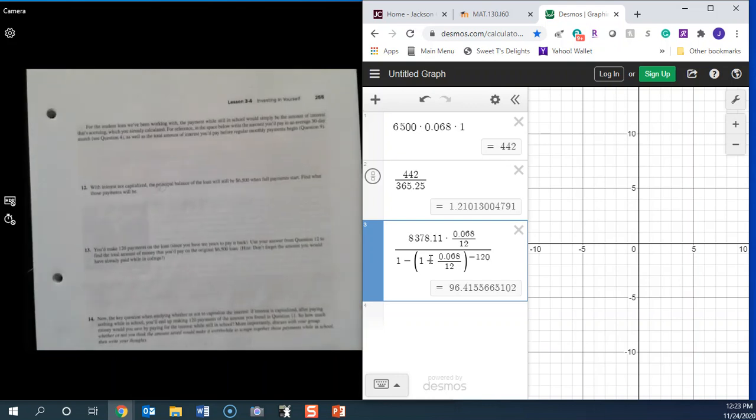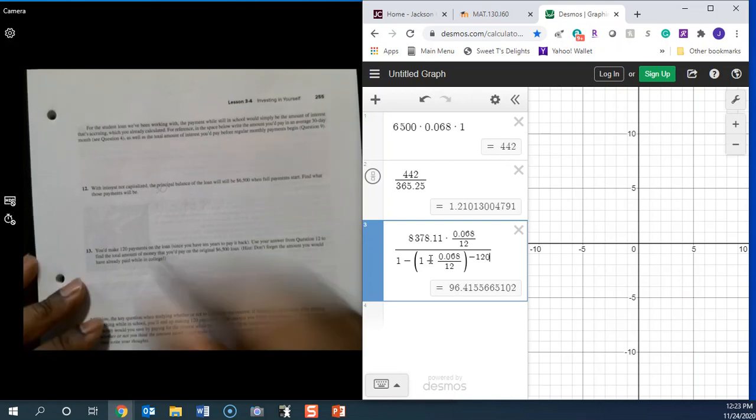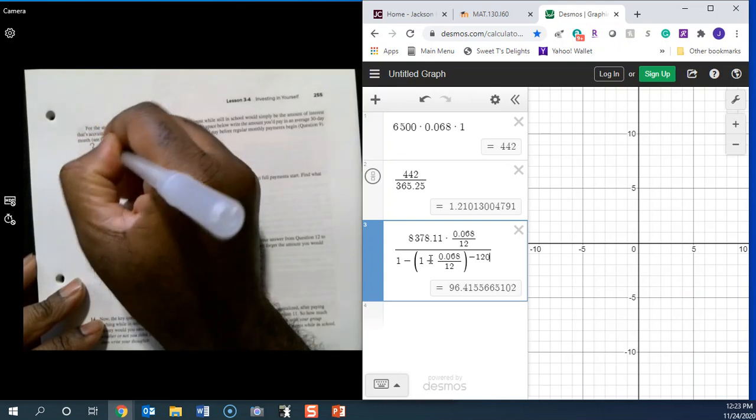It says here, for the student loan we've been working with, the payment while still in school would simply be the amount of interest that's accruing, which you already calculated. For reference, in the space below, write the amount you pay in an average 30-day month, as well as the total amount of interest you pay before regular monthly payments begin. Okay, so we want to do a 30-day month.